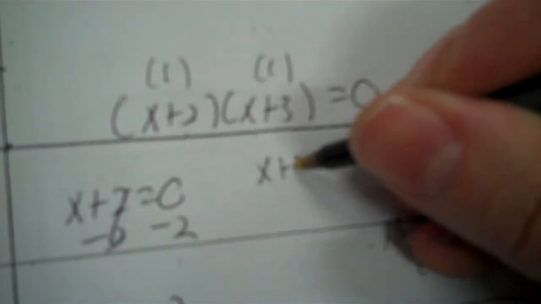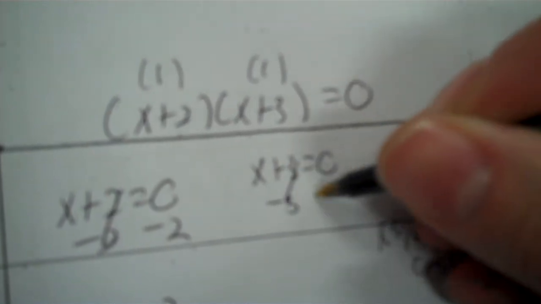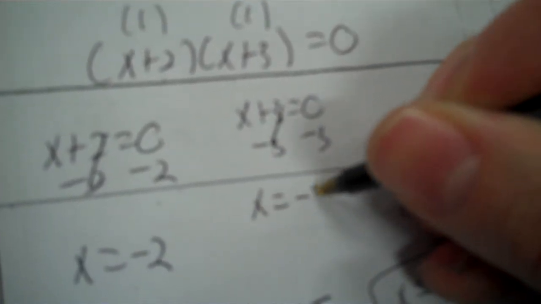So it'd be x plus 2, x plus 3 equals 0. One comes from each one. So x plus 2 equals 0 gives you negative 2, and x plus 3 equals 0 gives you negative 3.